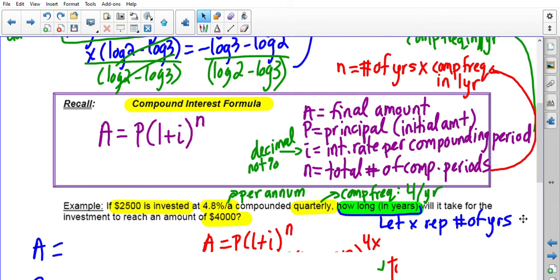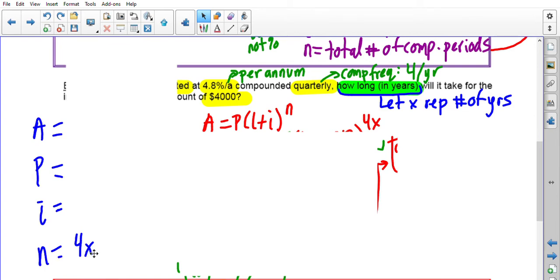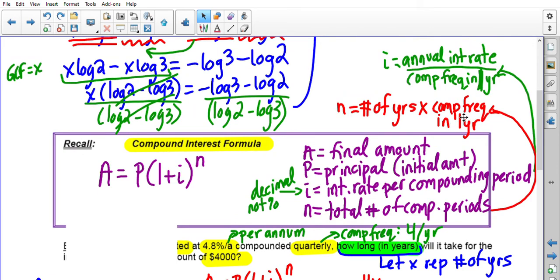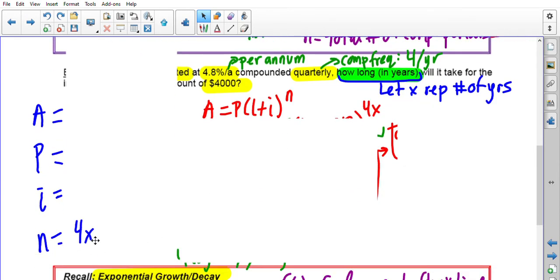Then my n value is 4, for quarterly compounding frequency, times x. So n is equivalent to 4x, and that will help me remember that whatever answer I get at the end, I'm going to have to isolate for x by dividing by 4.